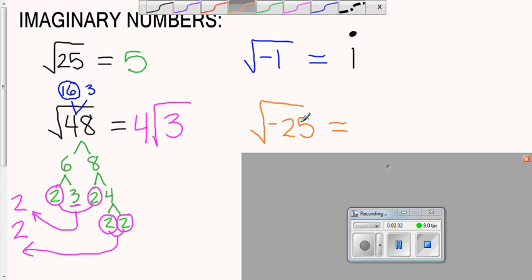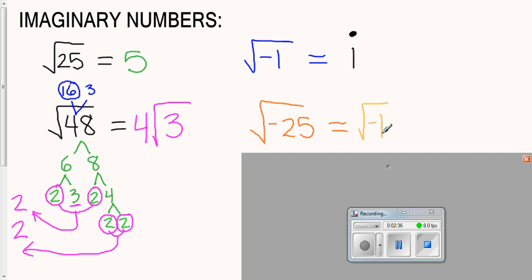The square root of a negative 25 means it's the square root of a negative 1 times the square root of 25. And so we know that this is equal to i, and the square root of 25 is equal to 5. So the square root of a negative 25 is 5i.